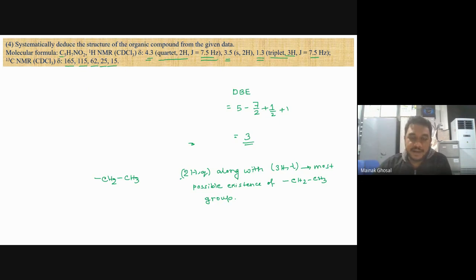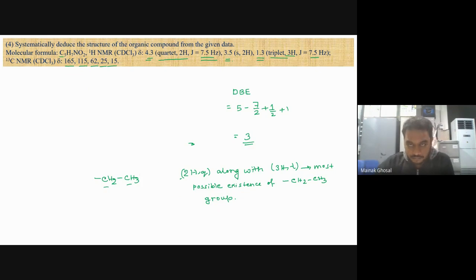That means there is some carbon which is not attached to any proton. I am not saying that this will always happen, but there is a high possibility that there is some carbon which is not attached to a proton. Let's see. So this ethyl group is there.